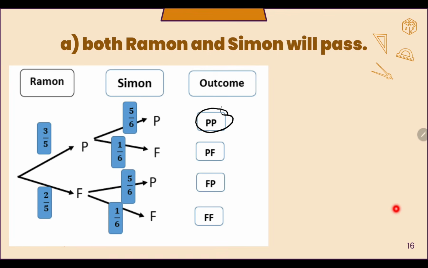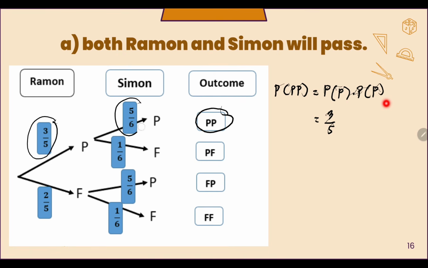So the probability that both Ramon and Simon will pass will be equal to the probability that Ramon will pass multiplied by the probability that Simon will also pass. So following the arrows, we have 3/5 probability, and the 5/6 probability, so that we arrive at an answer which is equal to 1/2.